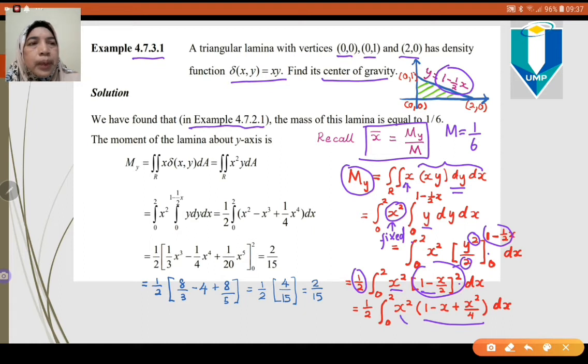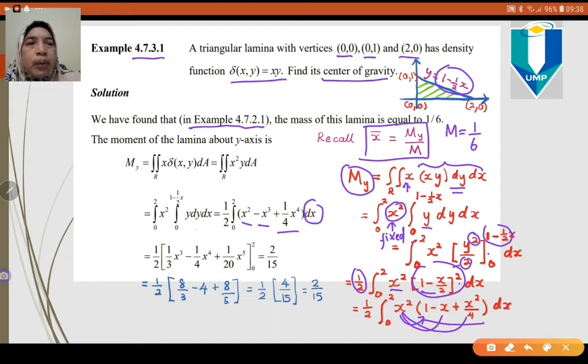So when we multiply, x squared times 1 gives x squared here, x squared times x gives minus x cubed here, and x squared times x squared divided by 4 gives 1/4 x to the power of 4. Then we integrate with respect to x.